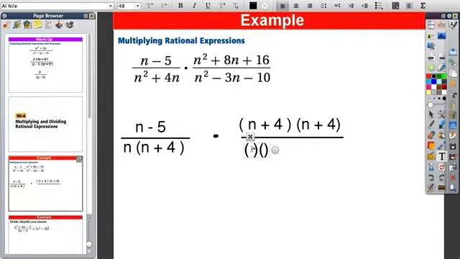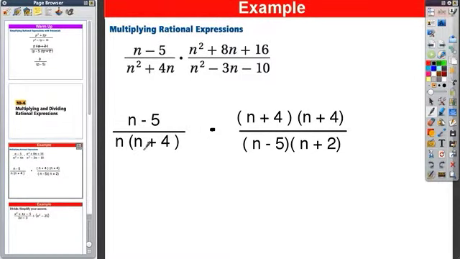So it's n minus 5 is one of them, and n plus 2, I apologize, plus 2. Negative 5 times 2 is negative 10, and negative 5 plus 2 is negative 3.